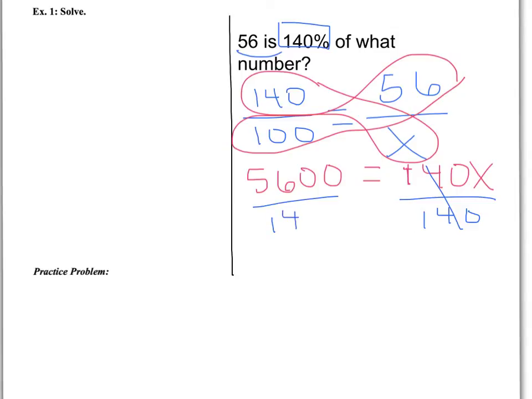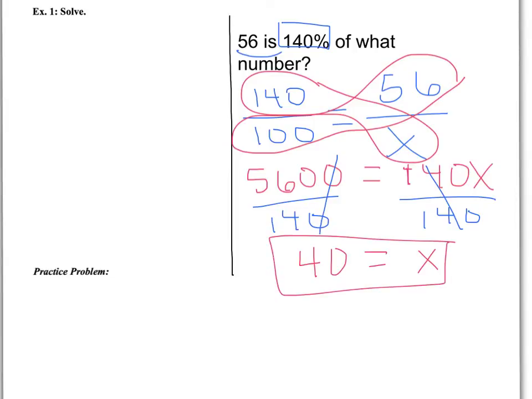Do the same thing to the other side of your equation. Knock off those zeros since they both have one. And now I just have to divide 560 by 14, which equals 40. This one's not a percent, so I don't need that percent symbol.